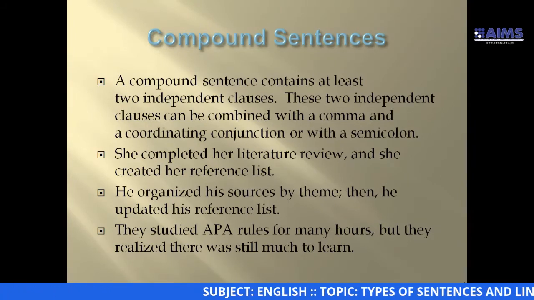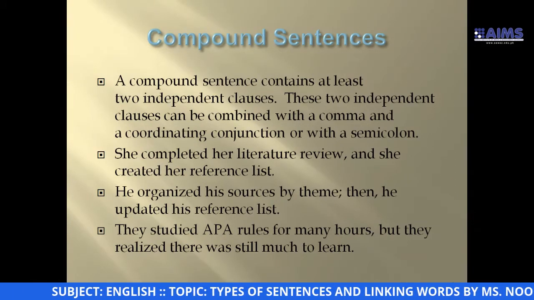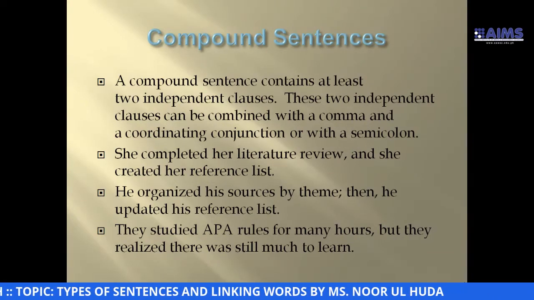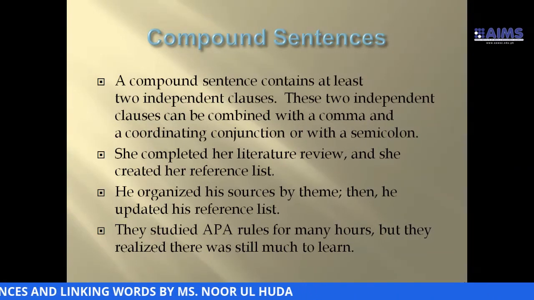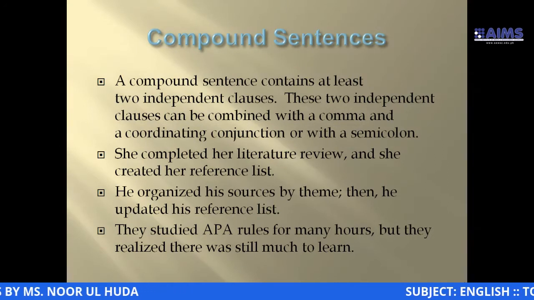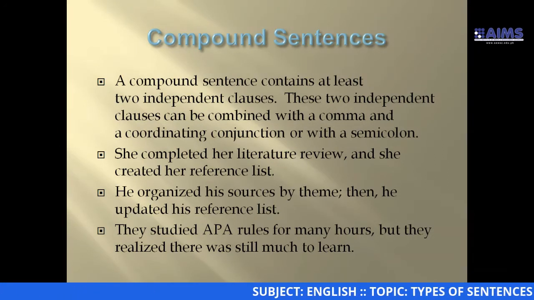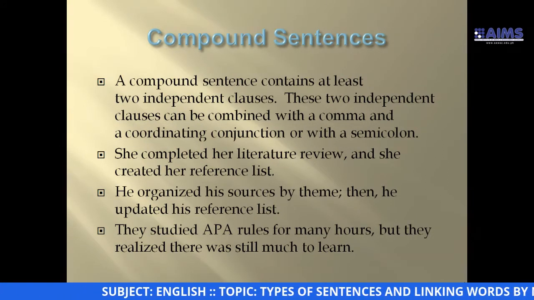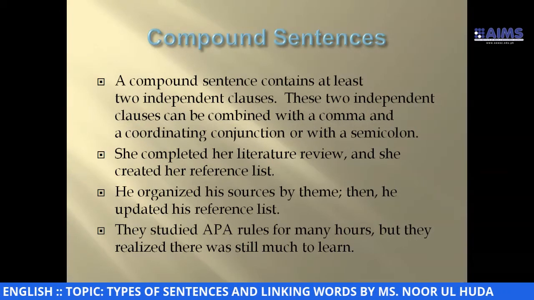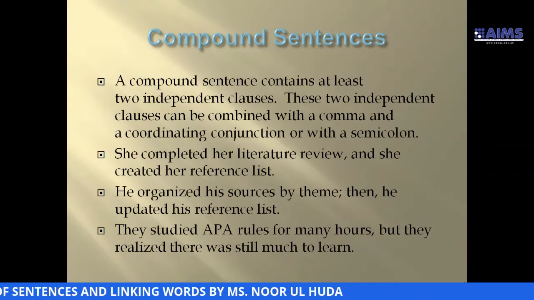They studied APA rules for many hours, but they realized there was still much to learn. So we have included "but" here. "But" is one of the coordinating conjunctions we have used to combine two independent clauses.